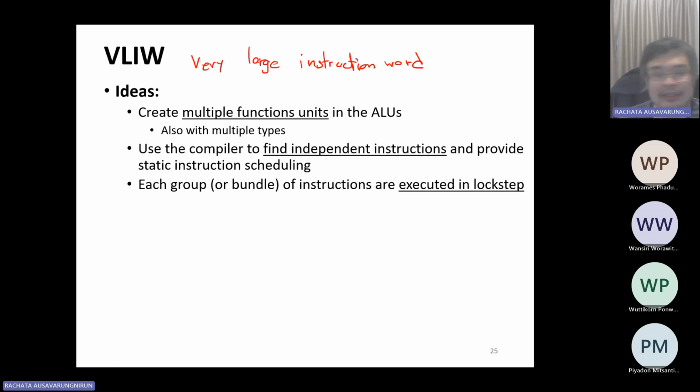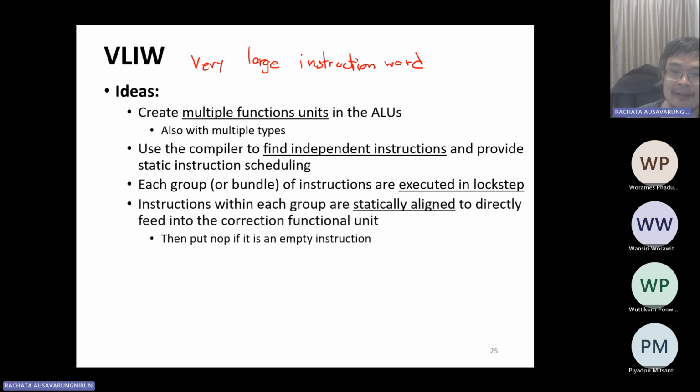When I say execute in lockstep, it basically means that they get launched together. Instructions within each group are statically aligned to directly feed into the correct functional units. If you cannot find independent instructions, you just say no ops, right?